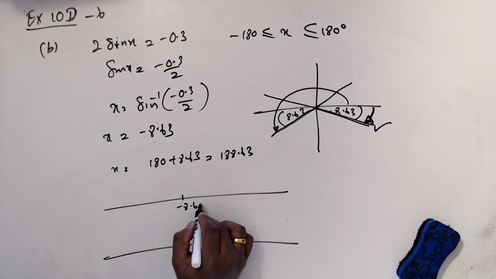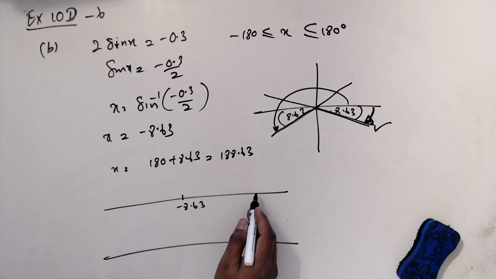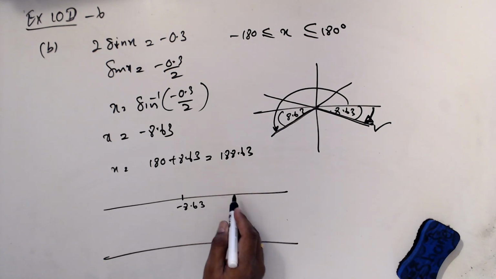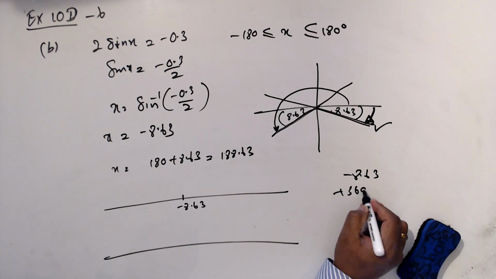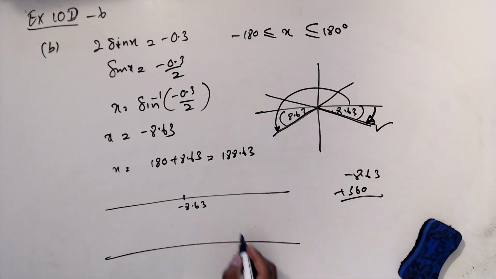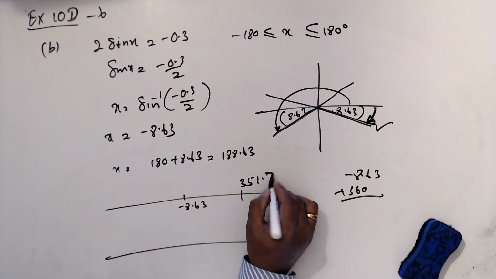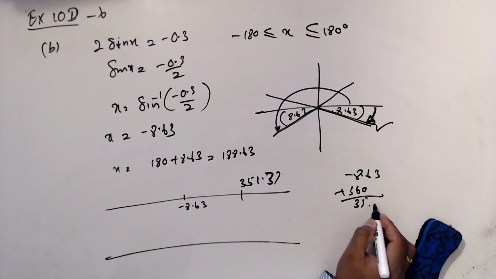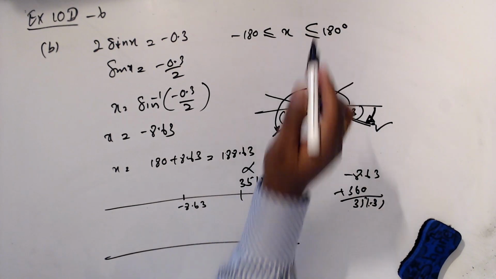Minus 8.63. When you add 360, it is 351.37. This is out because it is greater than the range.